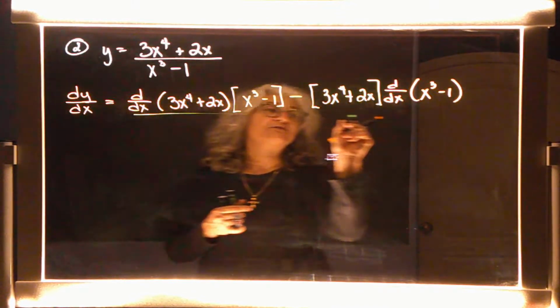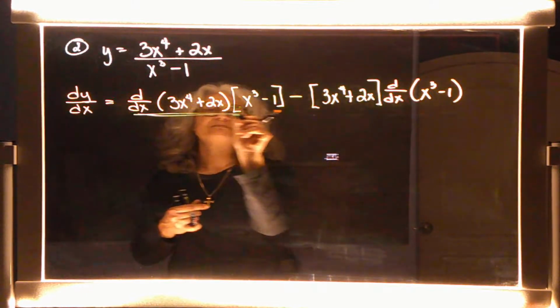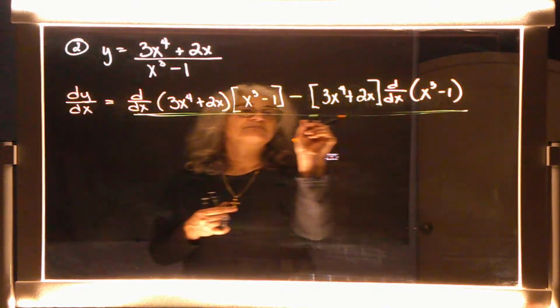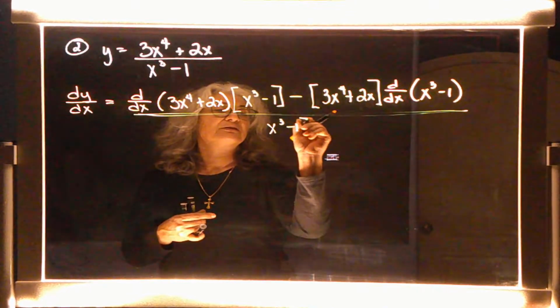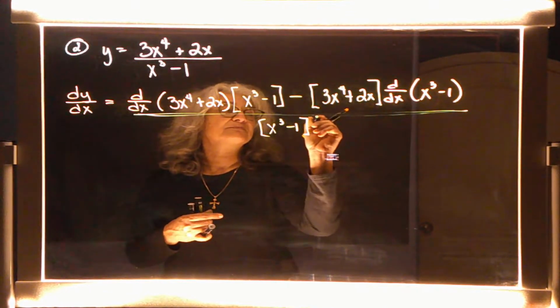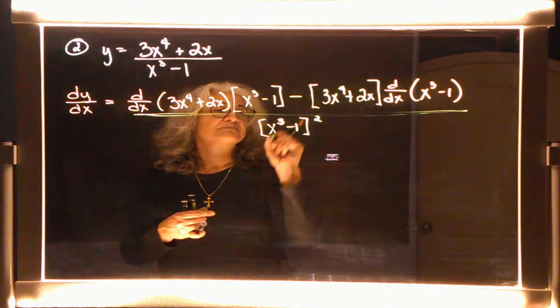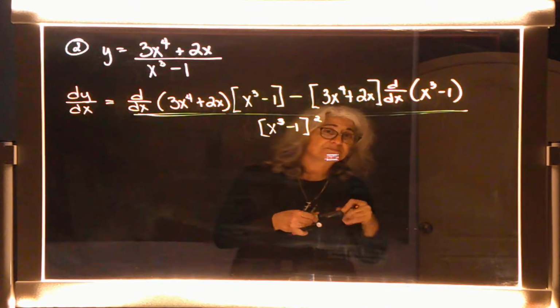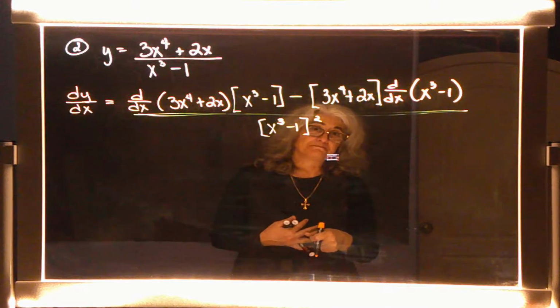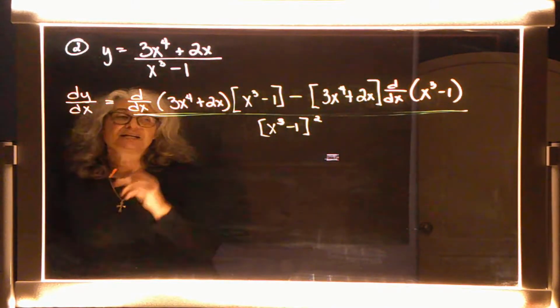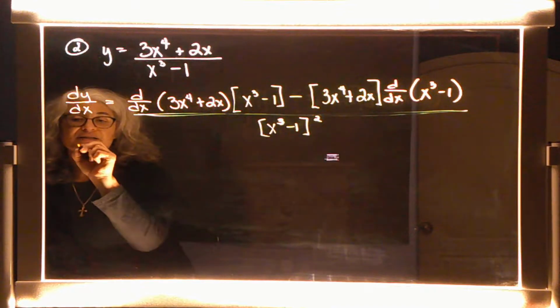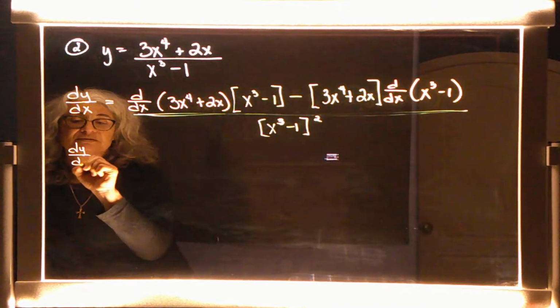This is all divided by the denominator squared. Cool? Okay, again, don't write, just watch. Let's see what happens here, because then you can always go back and rewind it and see what we've done.